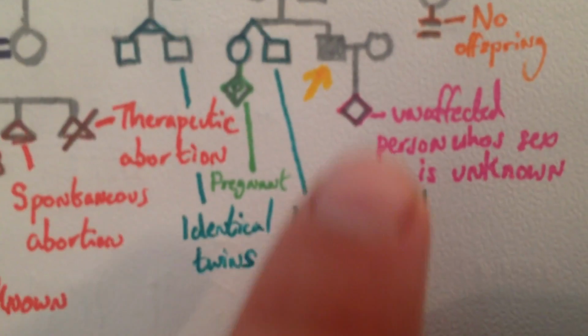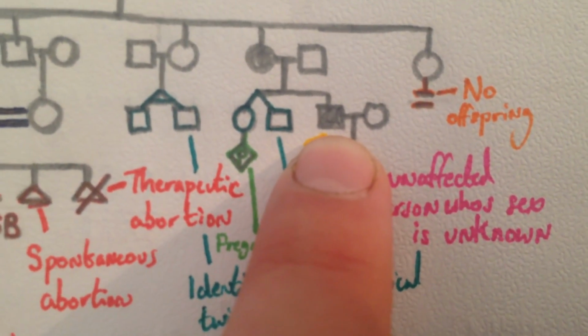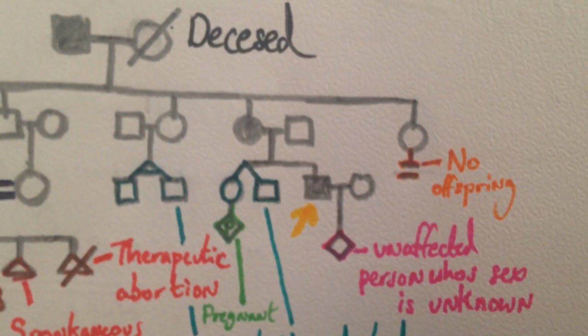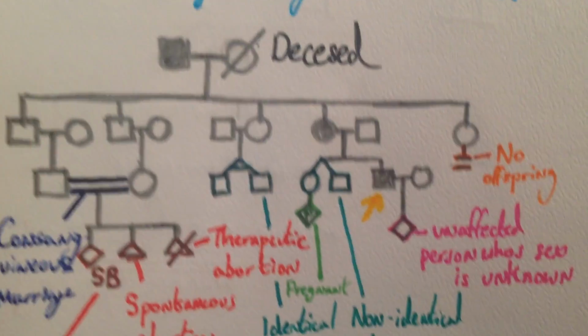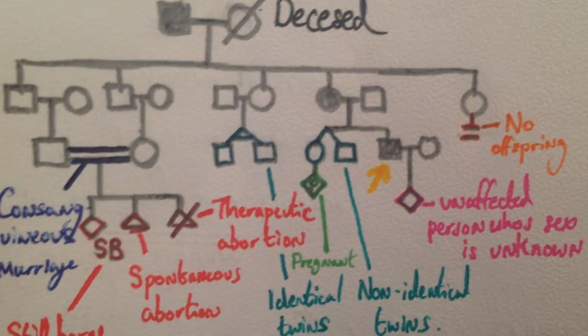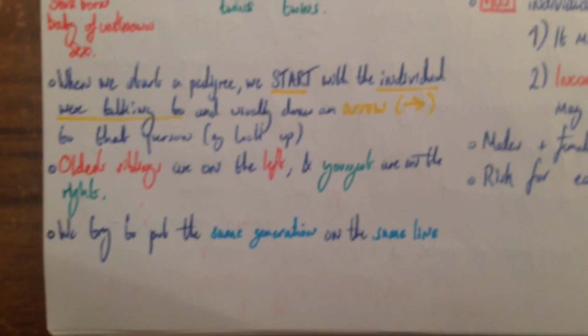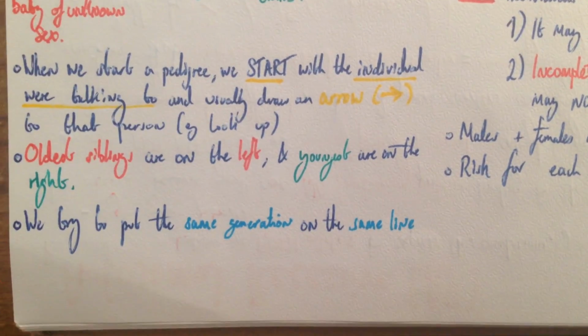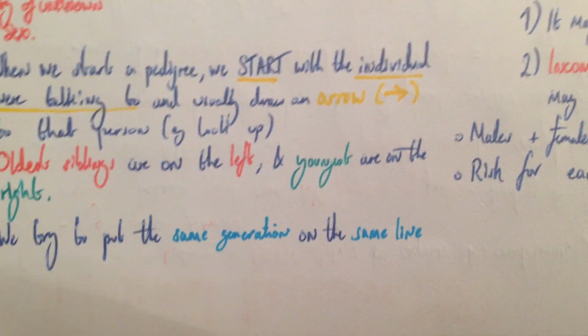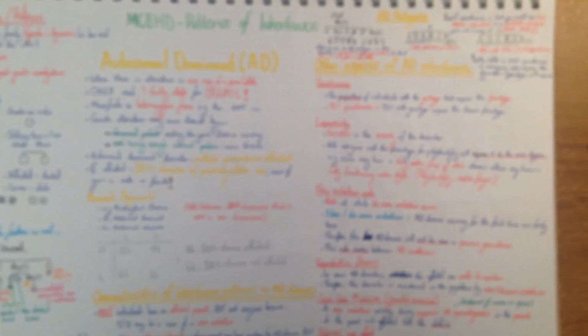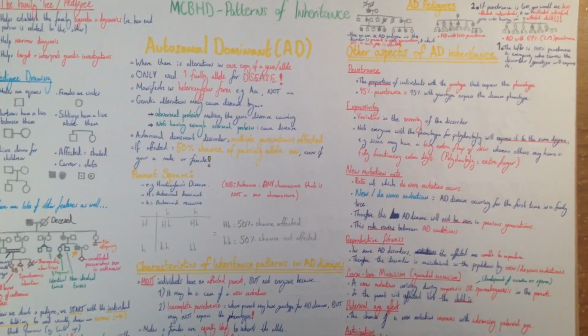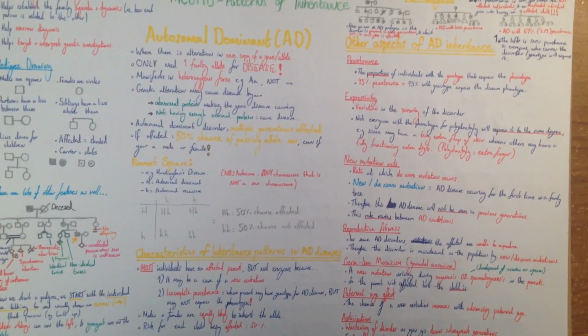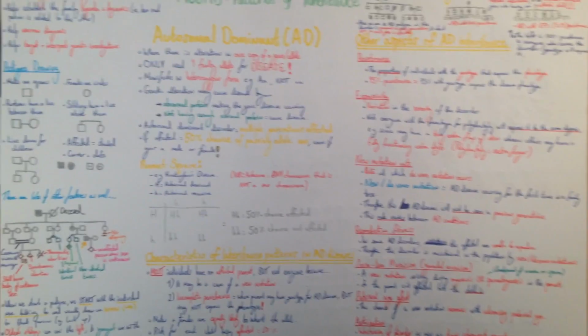Imagine this was our patient. We wanted to investigate him and why he's affected, what's going on with his family and the type of disease it might be. Then we'll draw an arrow to him. The oldest siblings are on the left and the youngest siblings are on the right, and we try to put the same generations on the same line. Easy peasy.